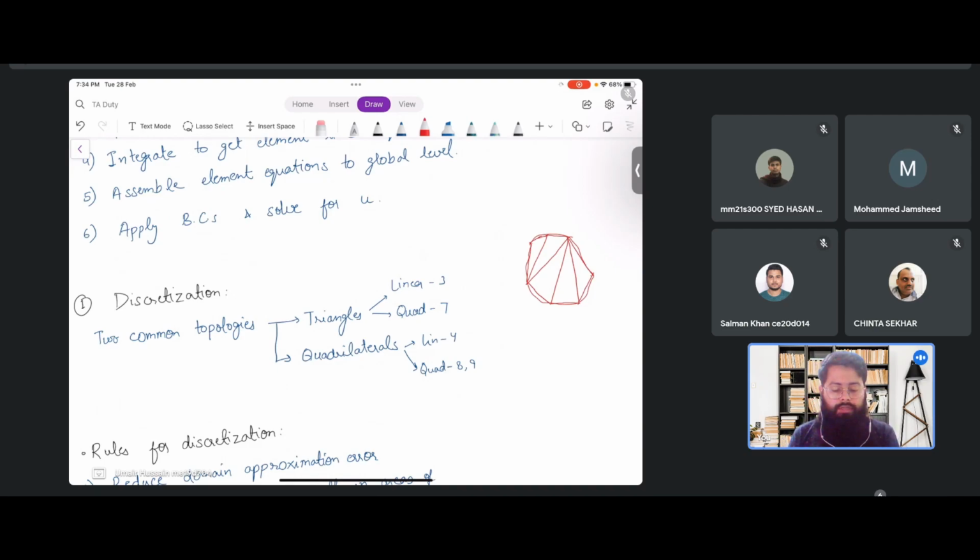So that's how we can discretize it. So you see, there's some gap left at the outer boundary.